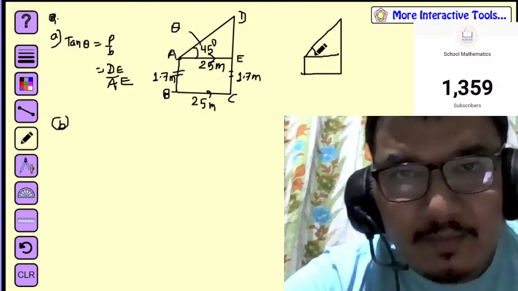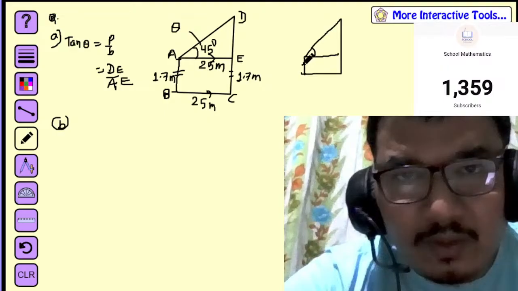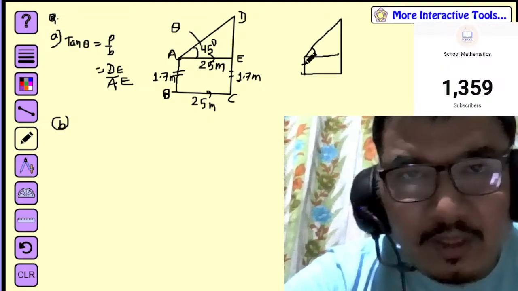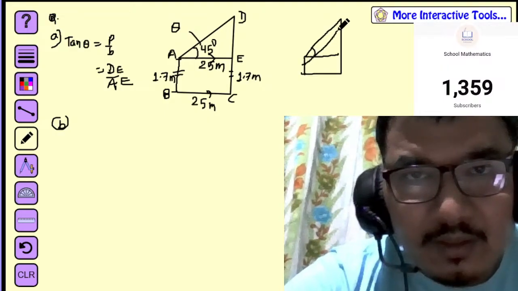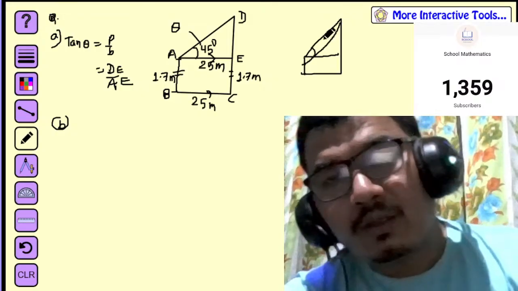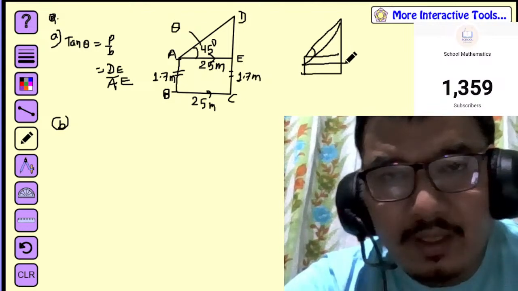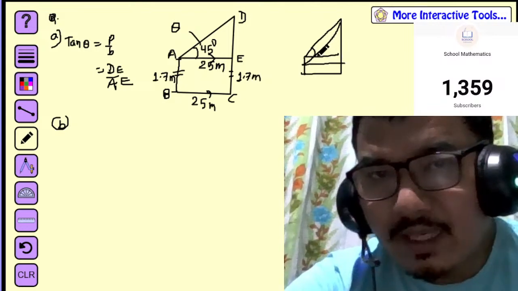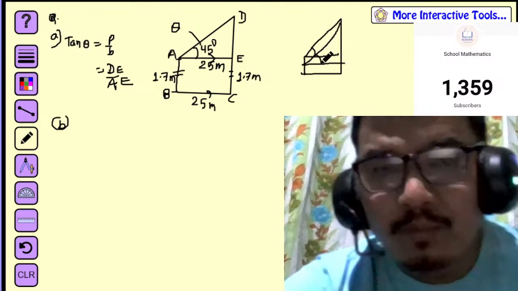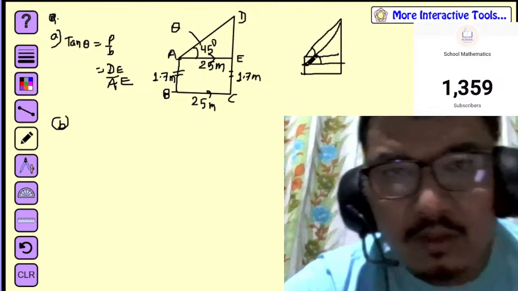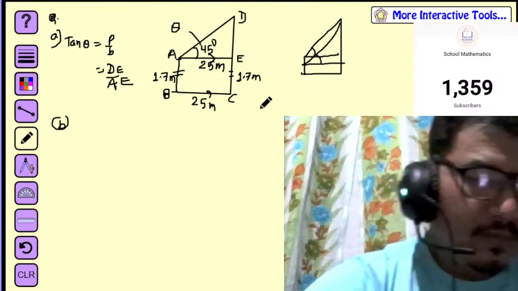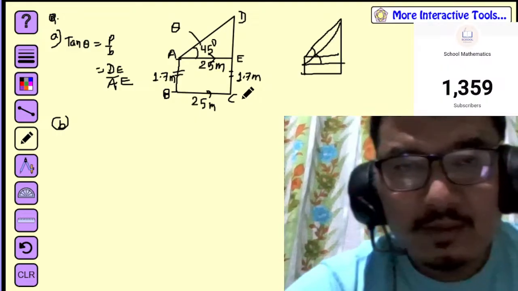Now, for the shorter observer who looks again like this, will this angle of elevation be more than the previous one or less than the previous one? We have to find that out.